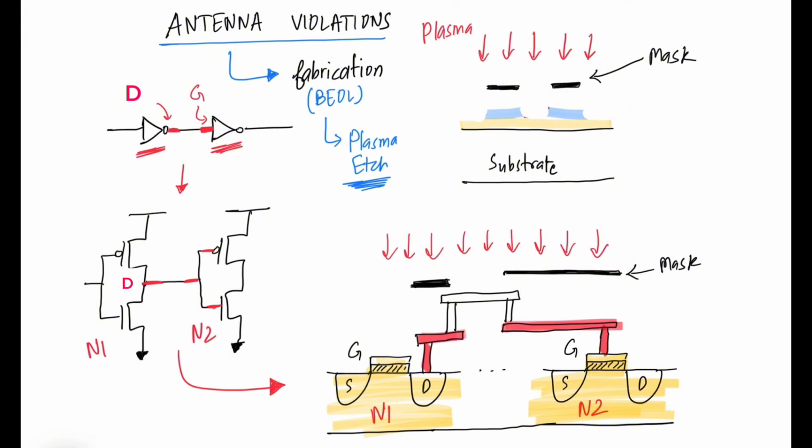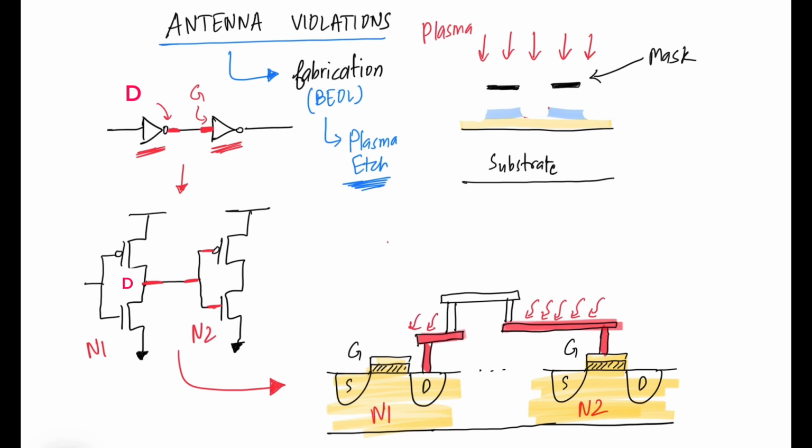During this plasma etch step, the metal which is not removed also ends up accumulating charges from the plasma like this. Now, since the upper metal layers and vias are not created yet, this accumulated charge only has one way to discharge itself, and that is through the gate of the transistor.